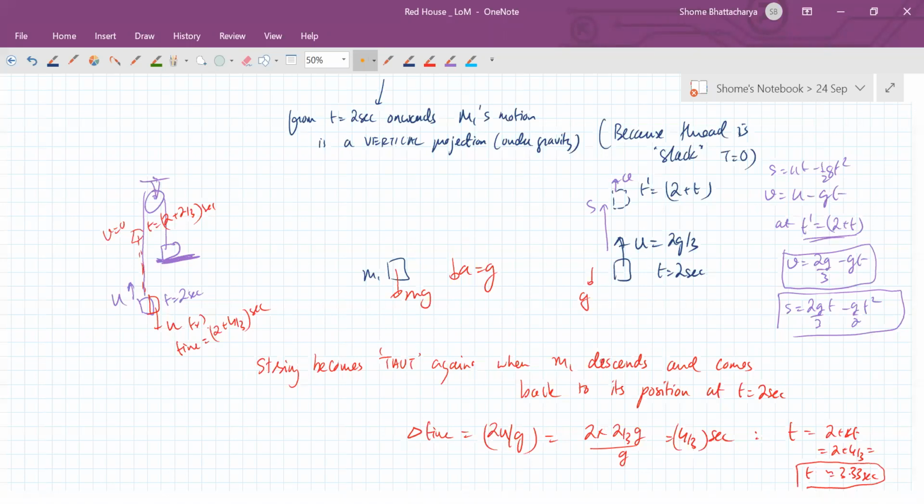So they are asking for the time elapsed. So the time elapsed is delta t. So that's this time only, 4 by 3 seconds.